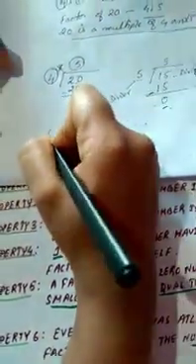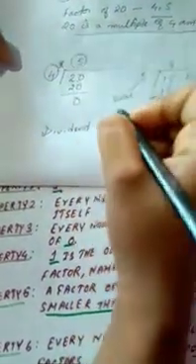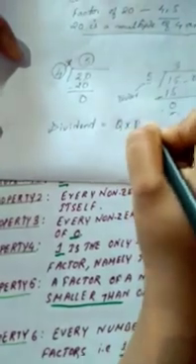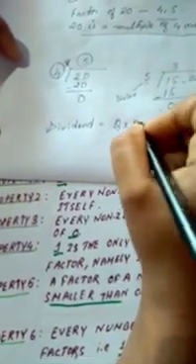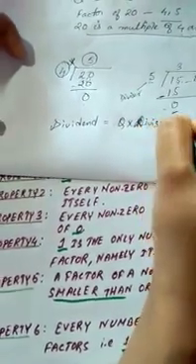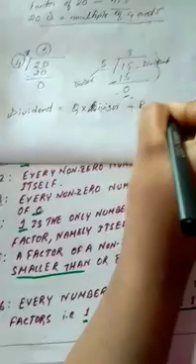As you know, in a division sum, dividend equals quotient into divisor plus remainder.